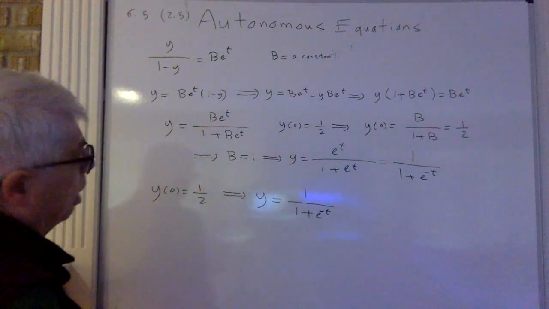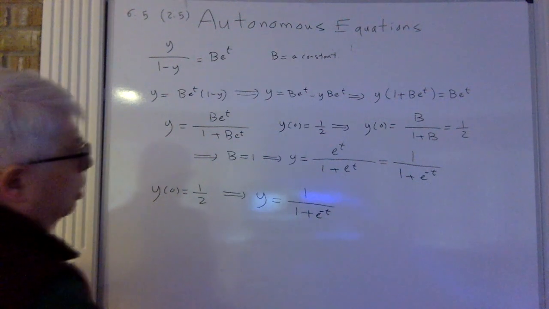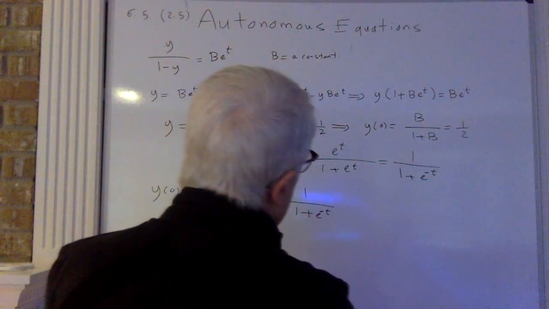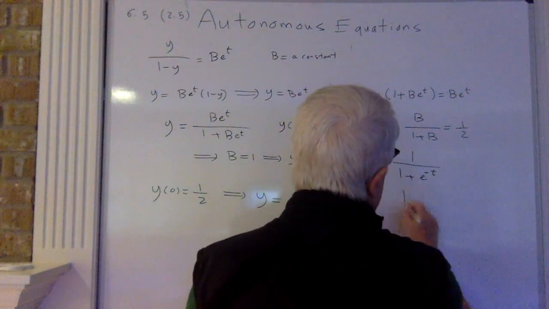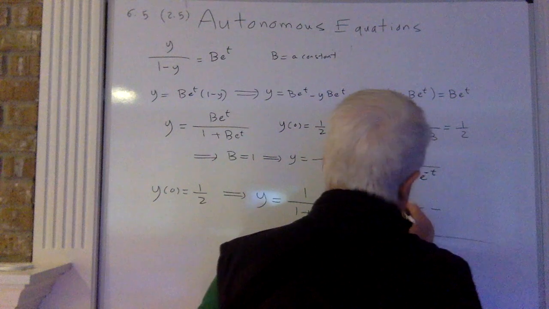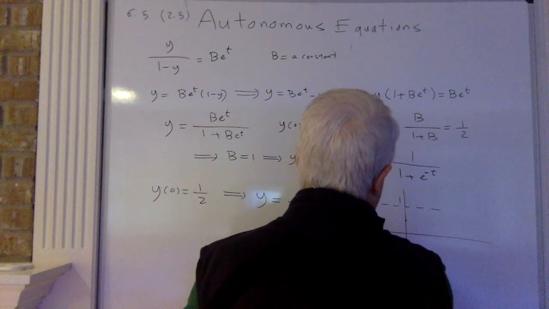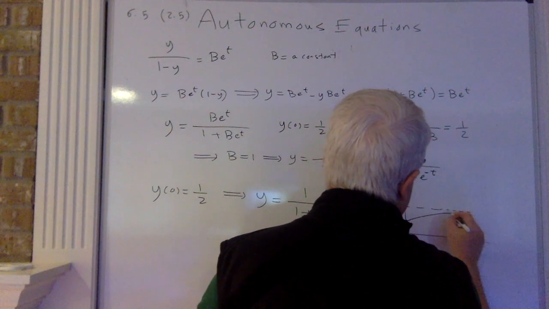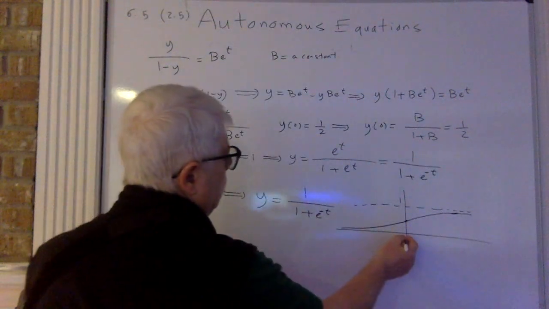And it's 1 half at 0, and it's symmetric with respect to that point, 0, 1 half. So it looks like this. It has an asymptote here at 1, another asymptote at 0, and it's 1 half here. Okay. It looks like this.